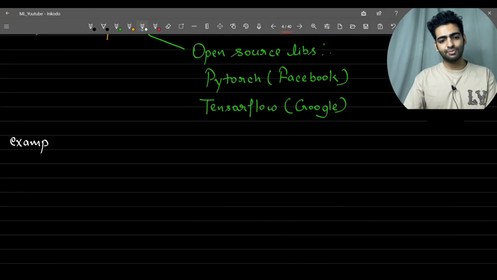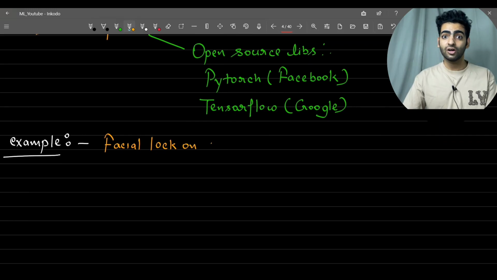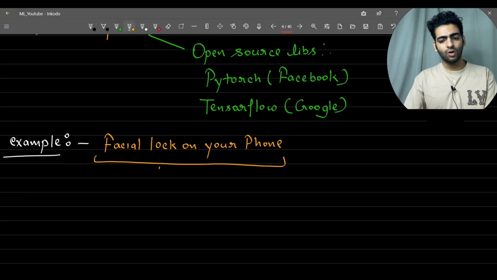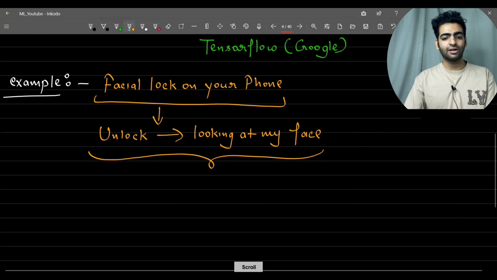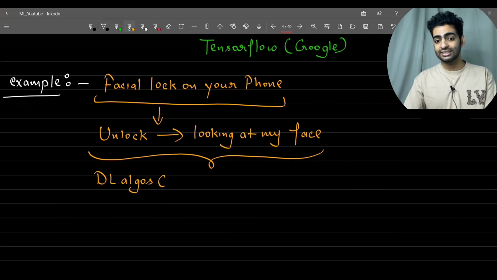Coming to the example, you may have noticed a facial lock, or facial recognition, on your smartphone. It is actually using deep learning. Your phone gets unlocked by just looking at your face, because internally it is using deep learning algorithms like a CNN, or convolutional neural network.